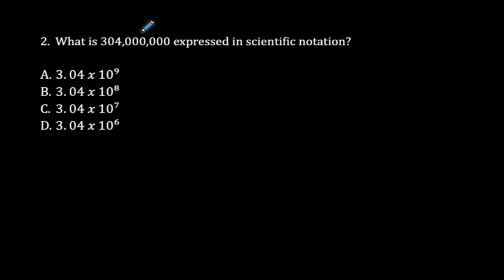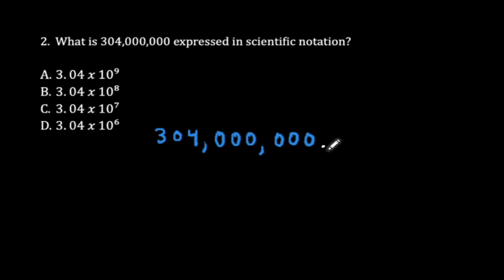Now, how do we express this in scientific notation? Which one is the correct choice here? Let's rewrite 304 million right here. What I want you to see is that there is an unwritten decimal here.